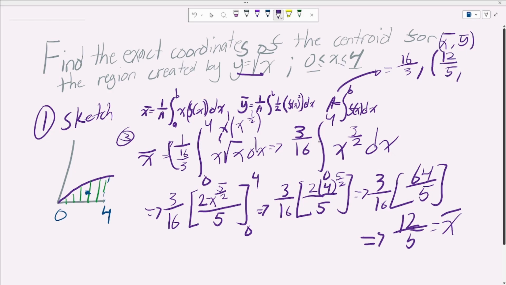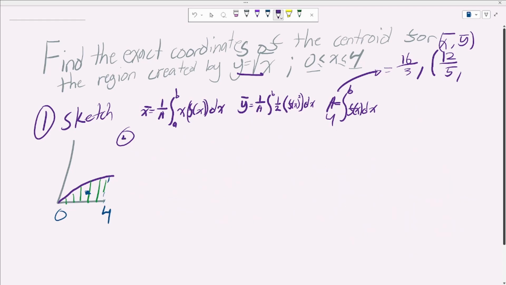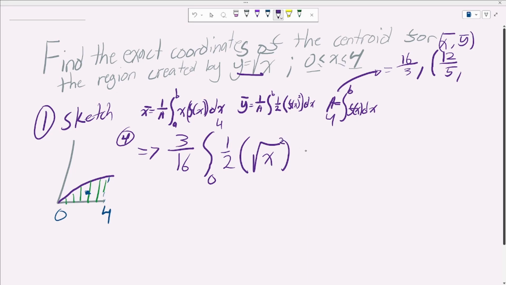And then let's find our y bar. Okay, so step 4, our y bar. That will be equal to our 1 over 16/3, which is just 3 over 16, going from 0 to 4 of 1/2 of our function, the square root of x, squared, dx.